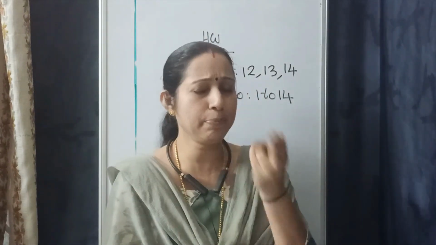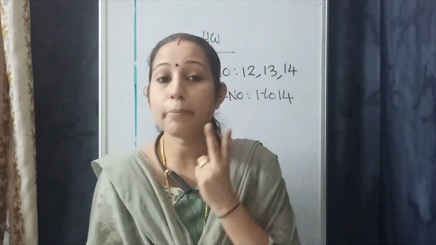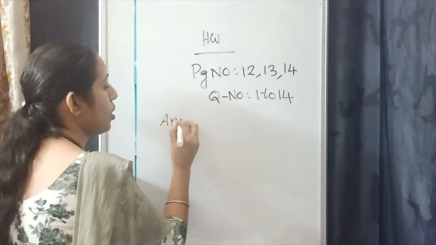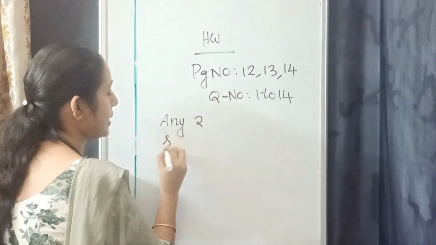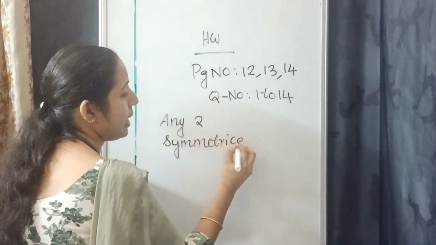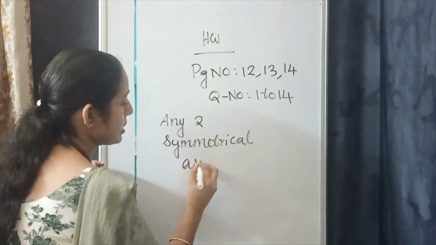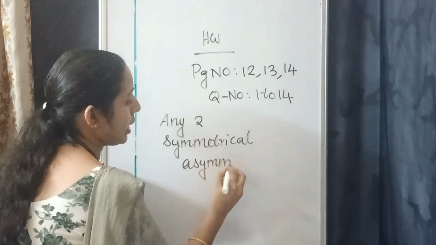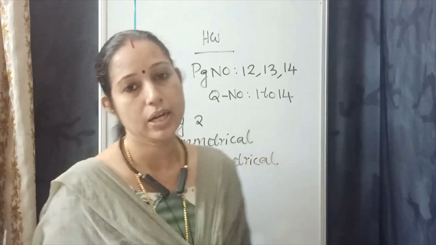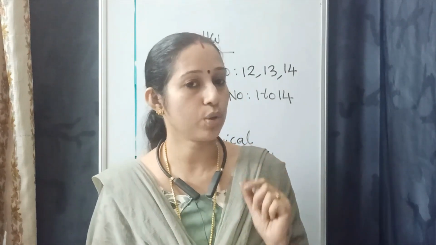Draw any picture, any two examples of symmetrical and asymmetrical figures. Do it in your maths notebook, on the back side of your maths notebook, or draw in your rough book, and submit in the Google Classroom before the due time.